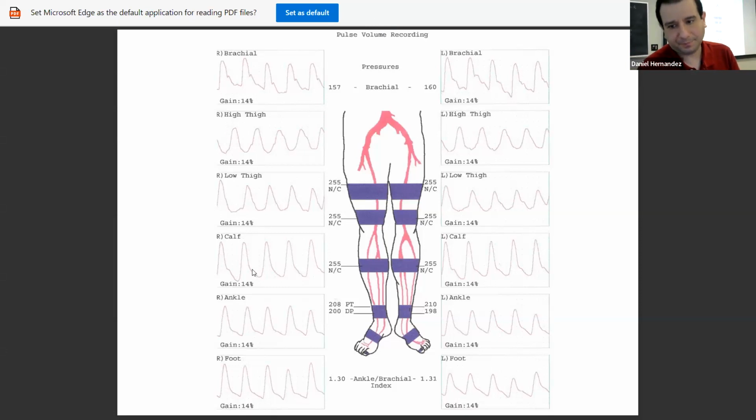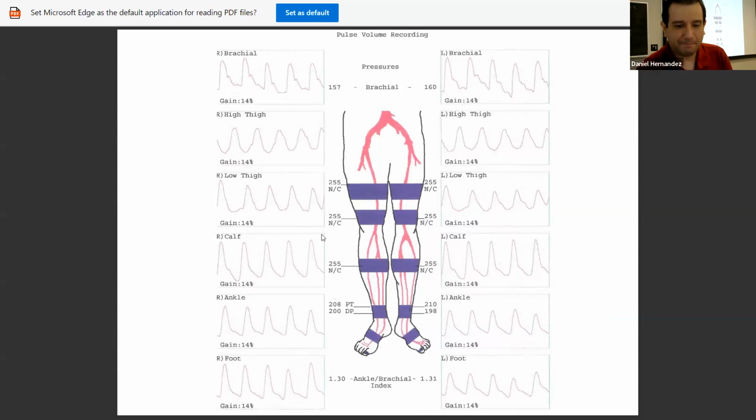It also probably has to do with limb size as well. The ABI is still, because they're hypertensive as well, in that upper range of normal, but this patient definitely has medial calcinosis.